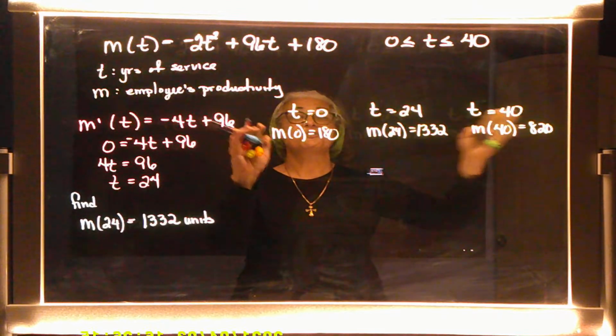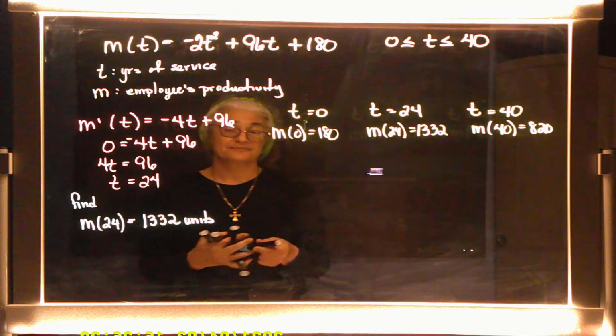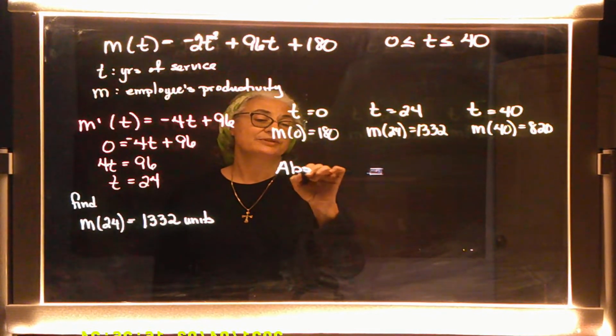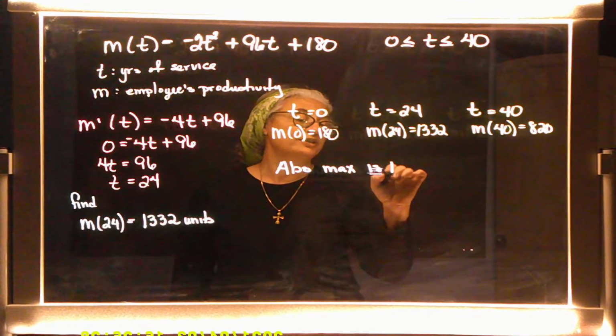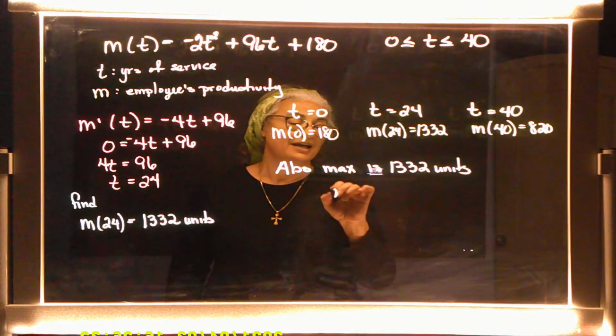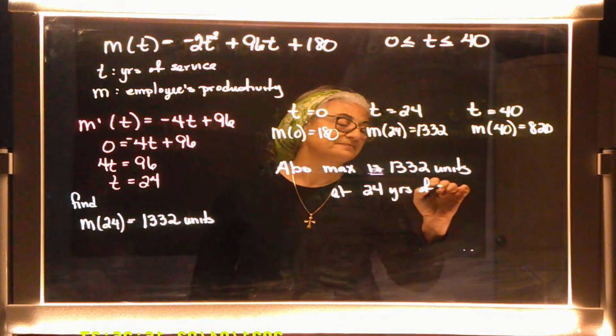I used all three of these, and now my absolute max is very easy to identify. The absolute max is 1,332 units at 24 years of service.